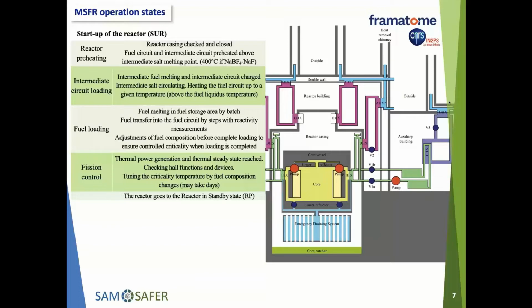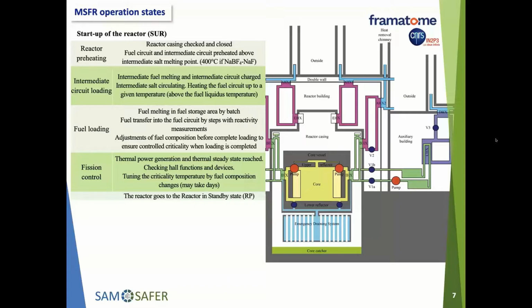So we will use the intermediate circuit to preheat everything. Once the circuits are preheated, we will load the intermediate fluid. So we'll melt the intermediate salt, and then we'll charge the intermediate circuits.